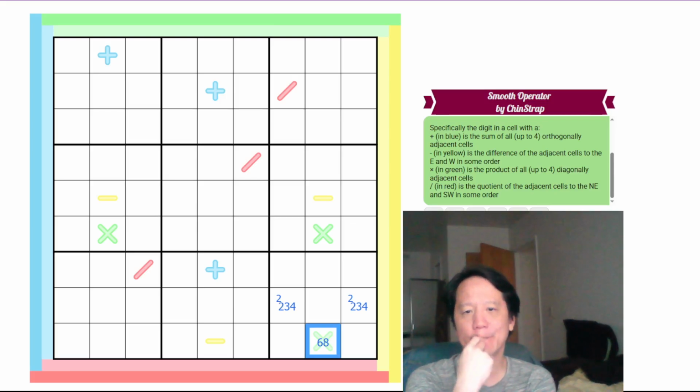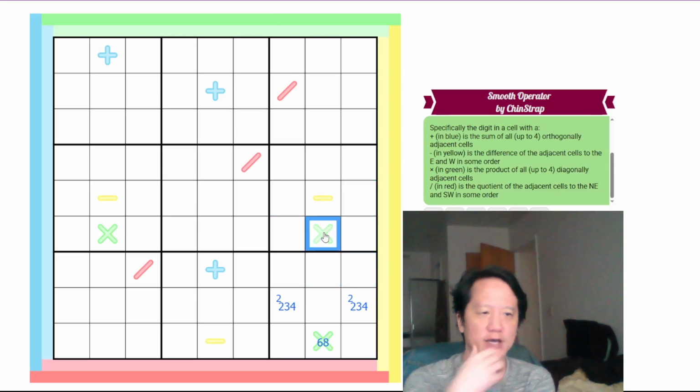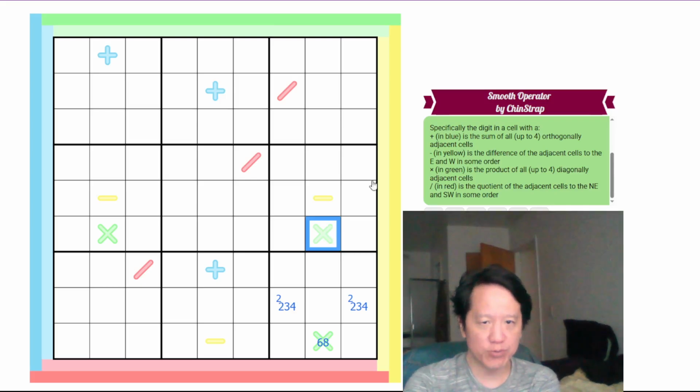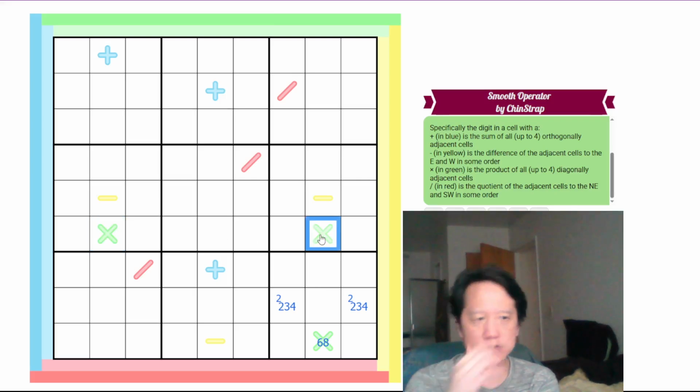Hmm. How do we get two sets of digits and then they multiply together to get to a single digit? Again, you could have a 0, but that would preclude 0 from being here. 0 would have to be one of these two digits, right? And we can only have 1 0 here also. So one of them is going to have to be a valid number.